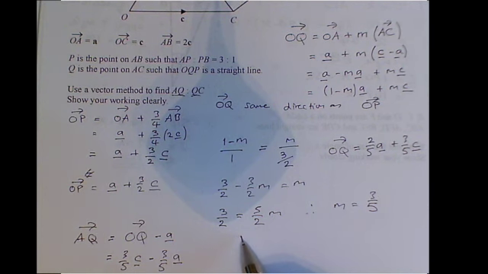So Q to C will be like going from A to C but minus the A to Q. Q to C is like doing the whole journey from A to C, which we know, minus the A to Q bit.